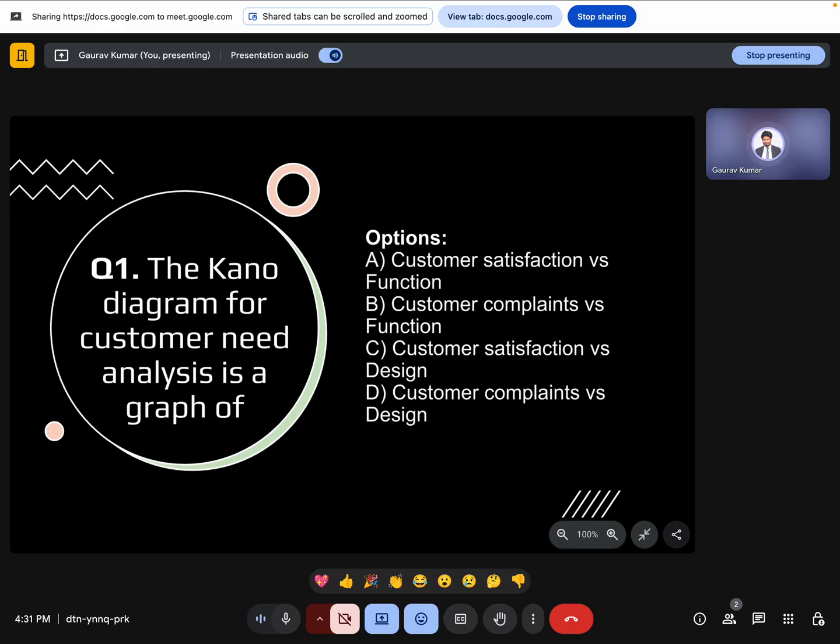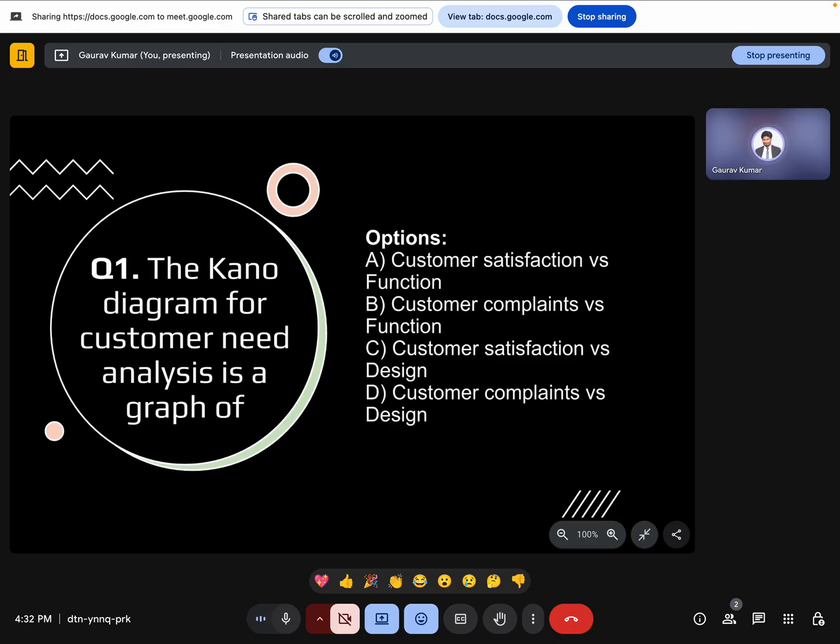So the other options are incorrect because they mix up the axis. Customer complaints are simply the negative end of satisfaction, not a separate axis. Similarly, design is a broader concept, and an automated handle adjustable in a mobile suitcase is not at zero functionality, right?